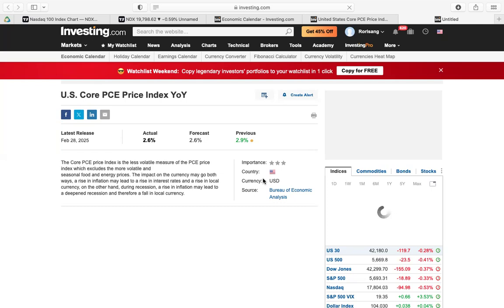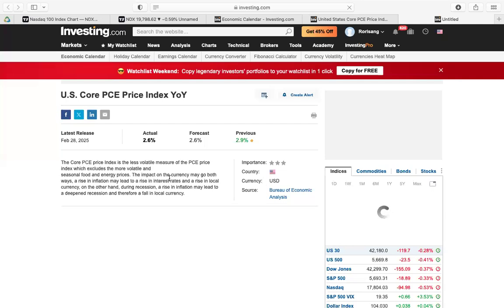The impact on the currency may go both ways. A rise in inflation may lead to a rise in interest rates and a rise in local currency. On the other hand, during recession, a rise in inflation may lead to a deepened recession and therefore a fall in local currency.